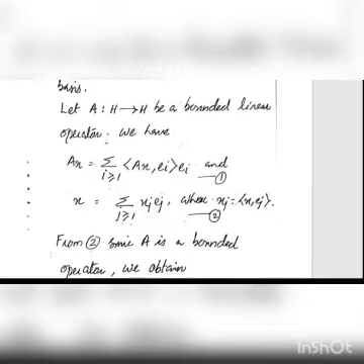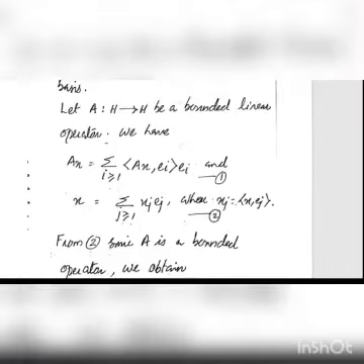Now from 2, since A is a bounded operator, we have Ax equal to sigma j equal to 1 to infinity of the inner product of x with ej, into A of ej. What are you proving here?